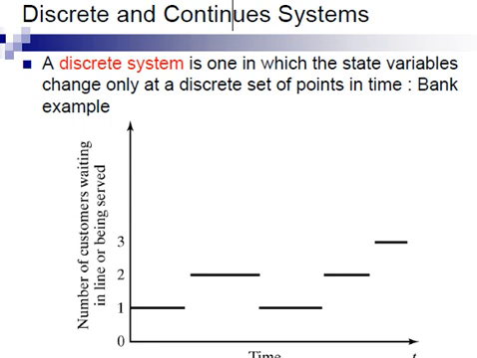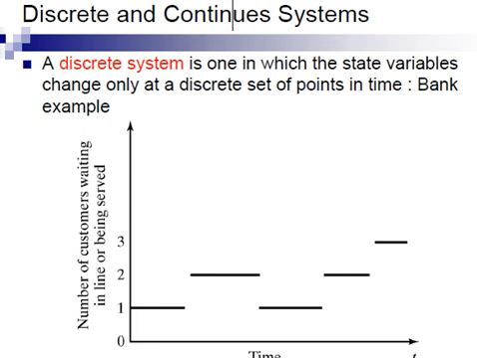Let's talk about discrete and continuous systems. A discrete system is one in which state variables change only at a discrete set of points in time. For example, a bank.